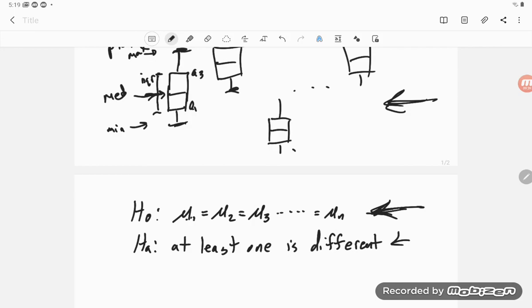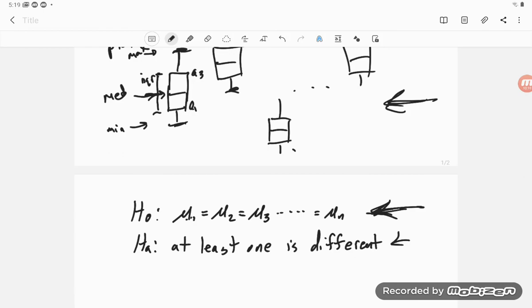This is just a little more general, because a proportion is a particular kind of mean that comes from count data, but these means can come from all sorts of different numerical data. So this is more general in that sense, but it is that same idea. We're just wondering, does it matter what column I'm in?